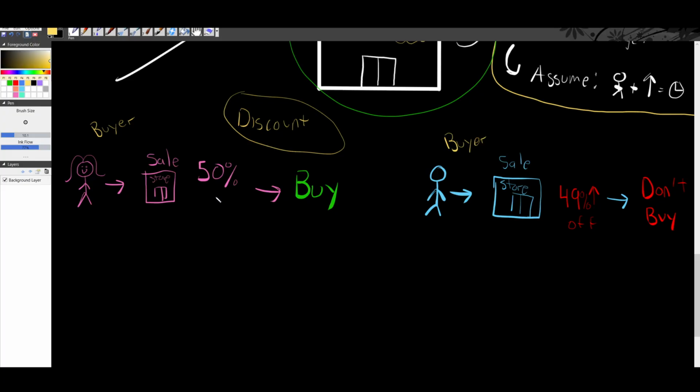So this discount or higher leads to a buy. If it's not that and the discount is less, the point is that it leads to them not buying it. Nowhere here did I say it led to them selling.